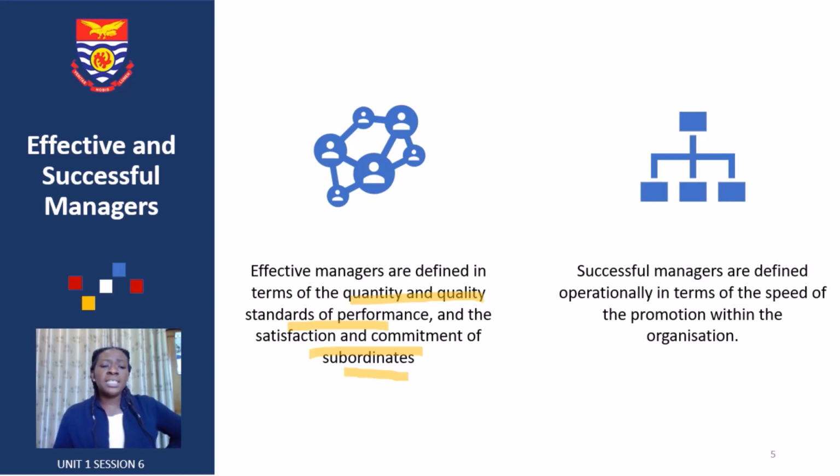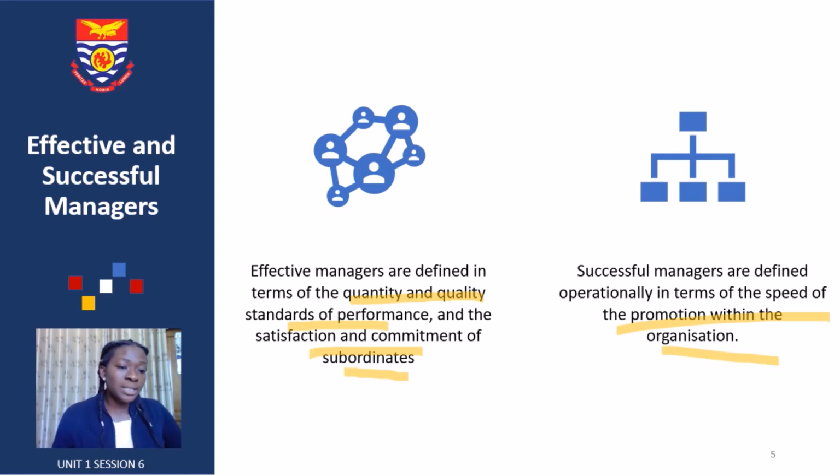But when it comes to successful managers, they are defined operationally in terms of the speed of promotion within the organization. There are some people who come into the organization and before you realize, they've just moved up the ladder, accelerated all the way up. You may start with someone on the field as a sales representative.